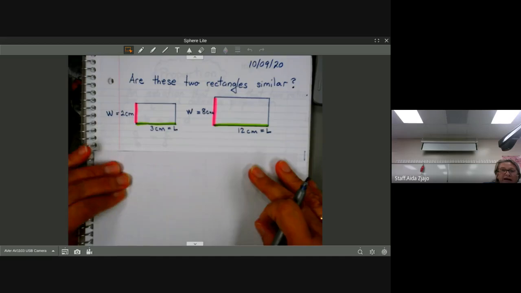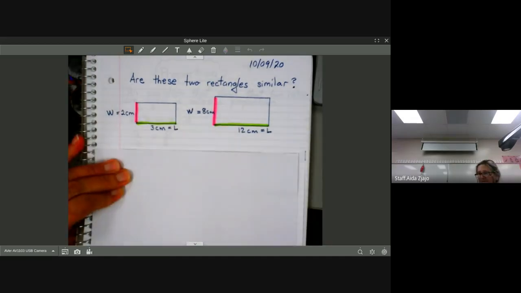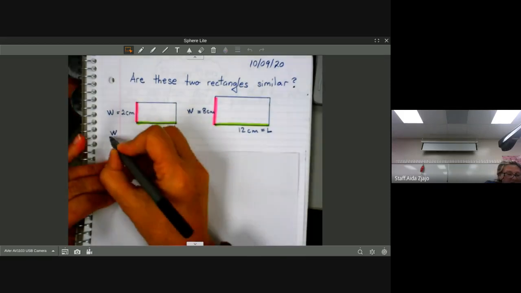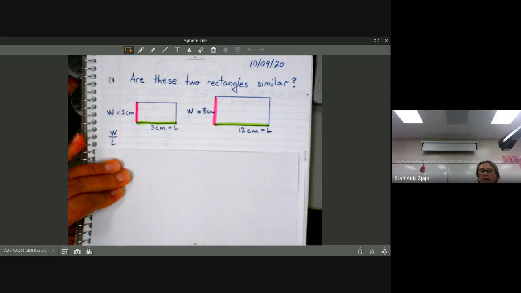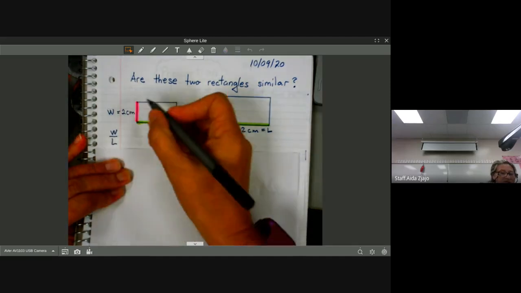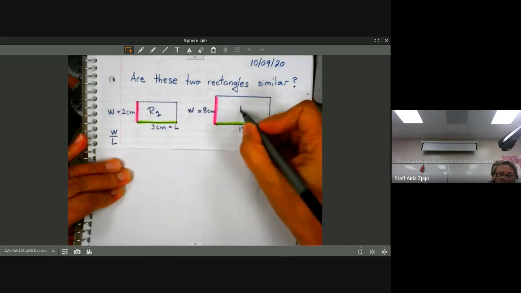So I can compare the volume of, sorry, this I will call rectangle one, and then rectangle two.